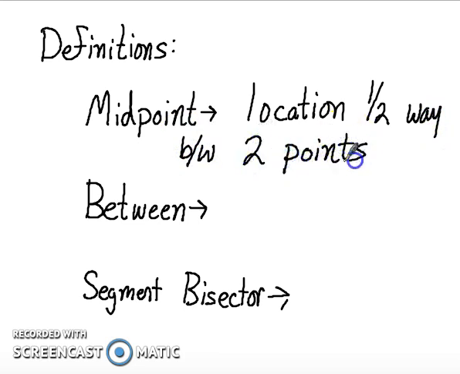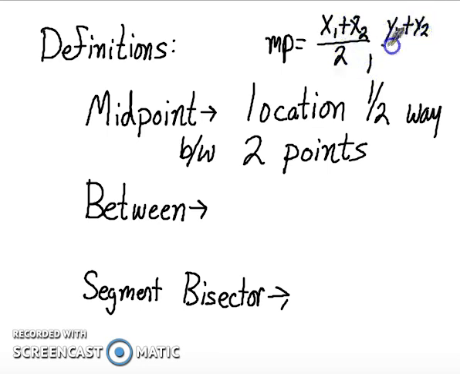This is a point itself. It's a location. It's a point that's halfway between the points. Now, you have a midpoint formula. If you remember the midpoint formula that you learned, I guess this was in 8th grade, it says that when you take x1 plus x2 and you divide it by 2, and you take y1 plus y2 and you divide it by 2, that coordinate is the midpoint.